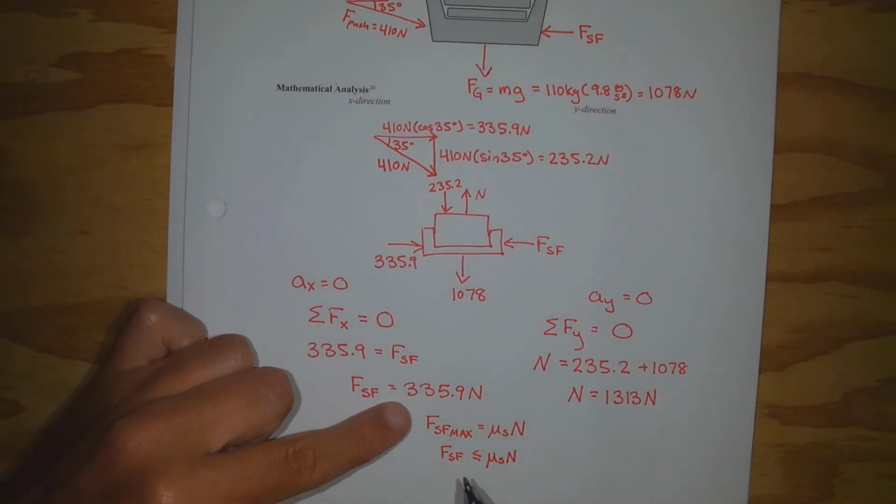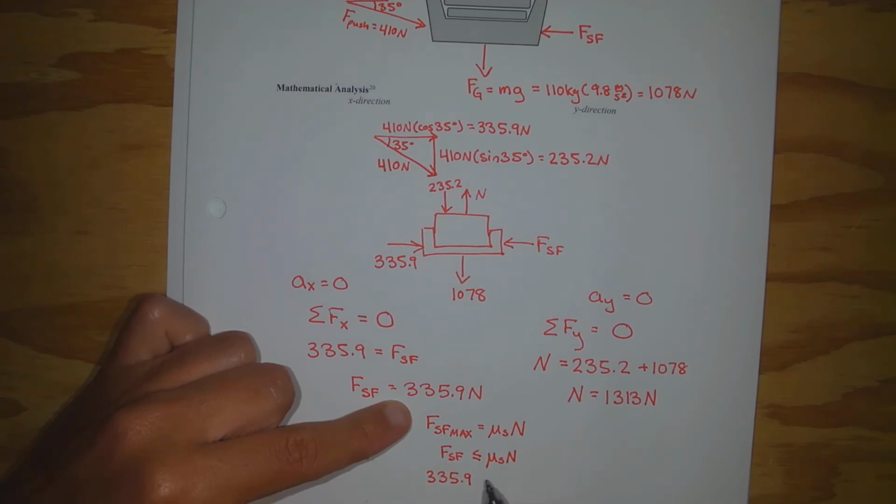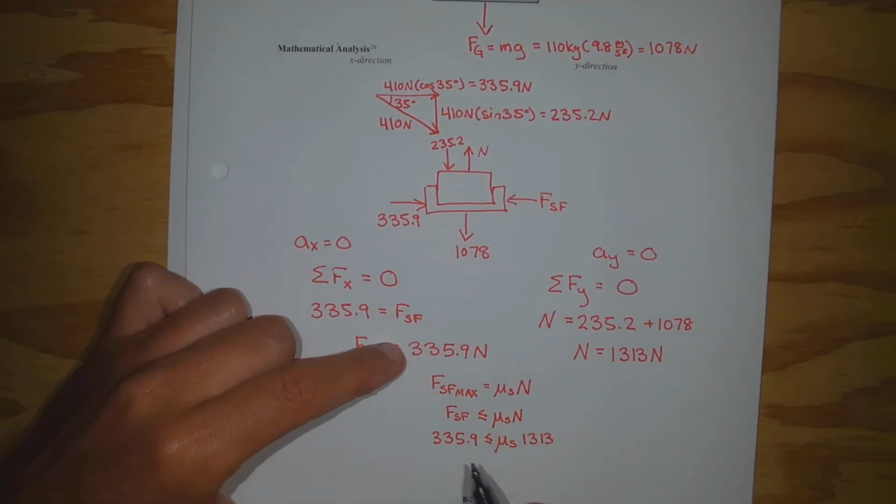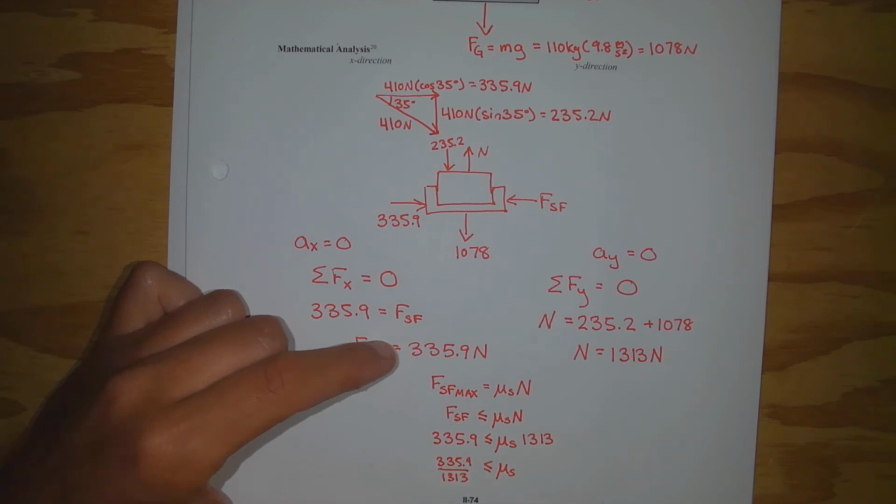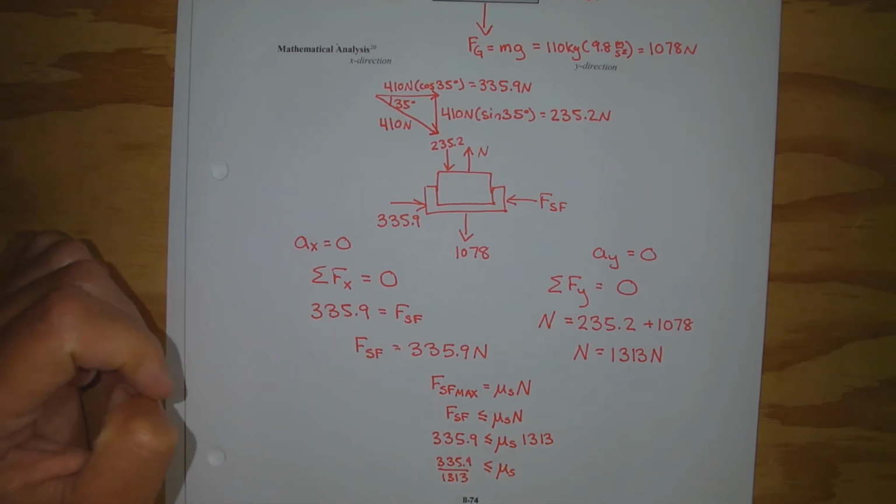I know what the force of static friction is, so I have 335.9 is less than or equal to the coefficient of static friction times the normal force, which is 1,313. Then I can divide both sides by 1,313. And that gives me 0.256.